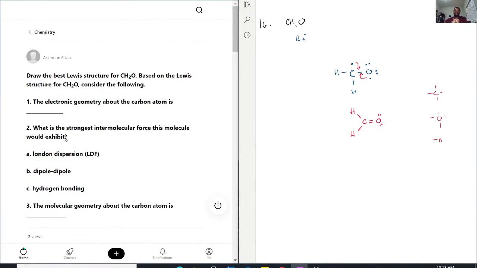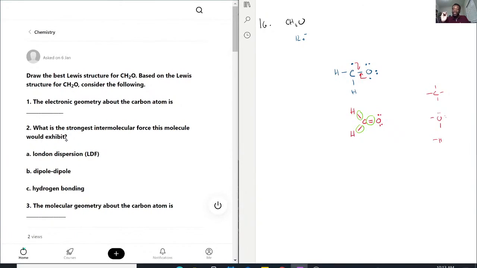So now for the electron geometry, we need to count how many pairs it has, whether it's bonding pairs or lone pairs. So for this, it has 1, 2, and here's the tricky part. Even though it's a double bond, it still counts as 1 bonding pair.